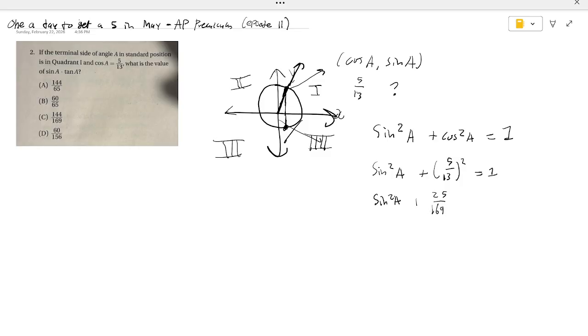Okay, so that's what we get. Let's subtract 25/169 from both sides. Those cancel. We get sine squared A is equal to, well, this 1 right here, that's 169 over 169.